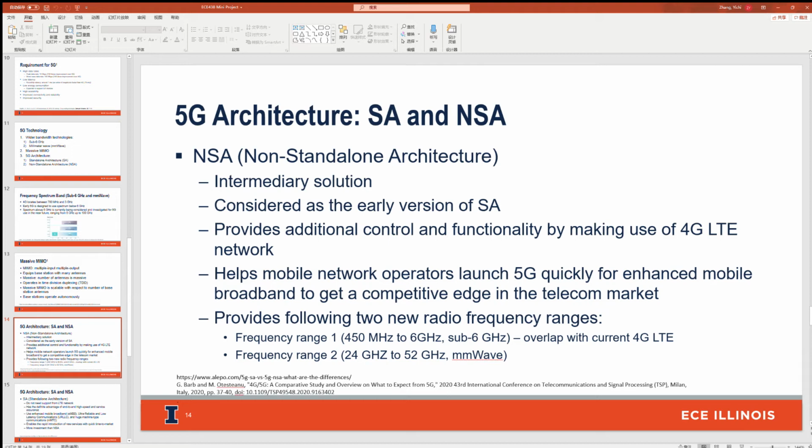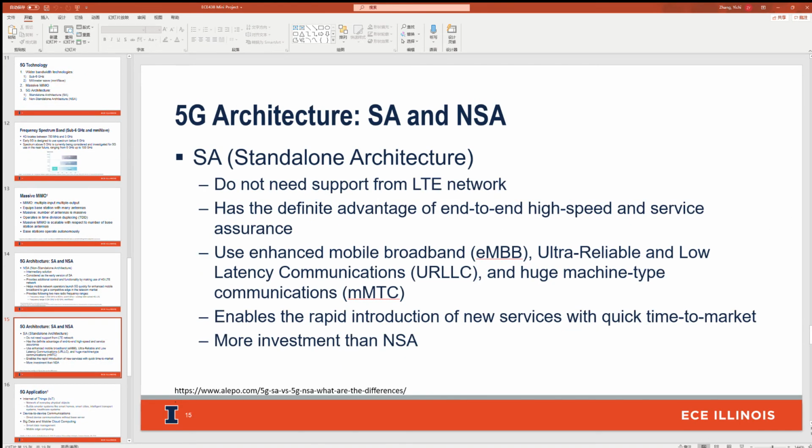It will not support network slicing, but its higher broadband speed will enable services such as video streaming, augmented reality, and virtual reality. So NSA 5G will provide increased data bandwidth by using the following two new radio frequency ranges. The first range is the sub-6 gig, and the second range is the millimeter wave.